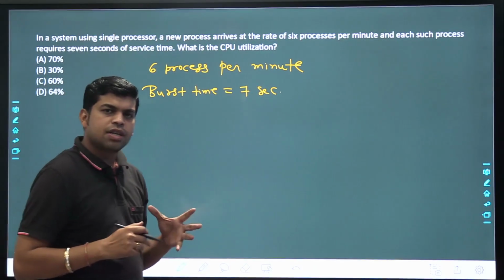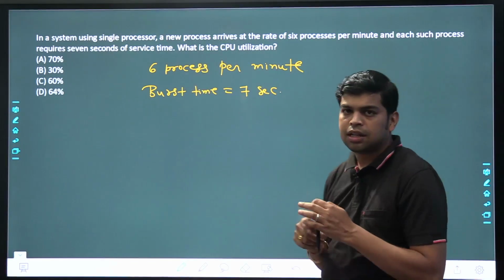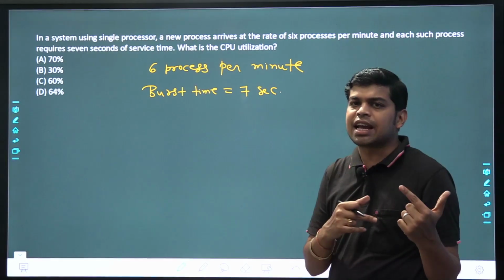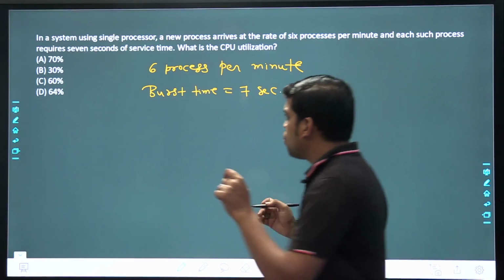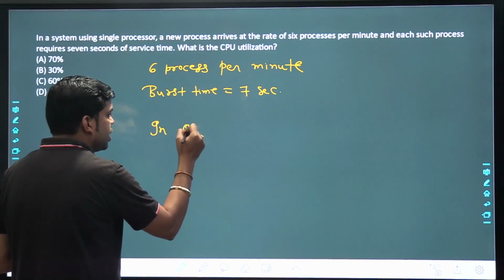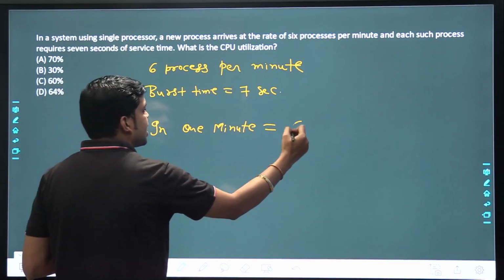So how to calculate such type of question? The question says that 6 processes arrive in 1 minute, and each process requires 7 seconds for execution. In 1 minute there are 60 seconds.